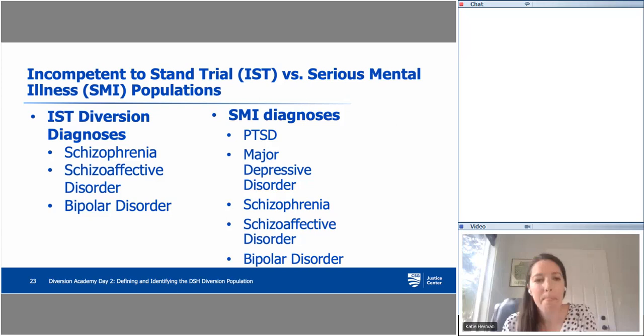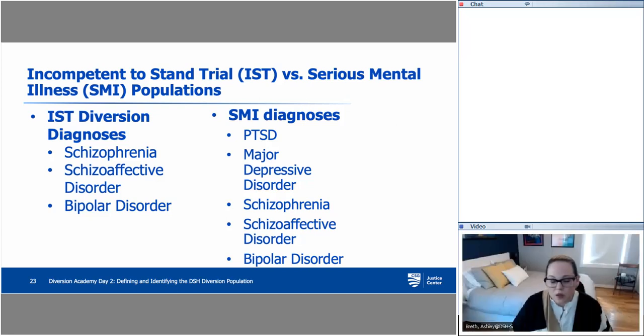And this goes back to some of what Dr. Warburton presented during our last session. She talked a lot about the research that was done specifically into the DSH IST population. That was research conducted by DSH in partnership with the University of California at Davis.